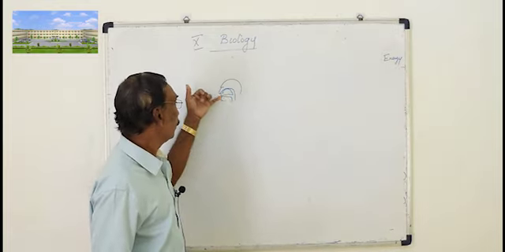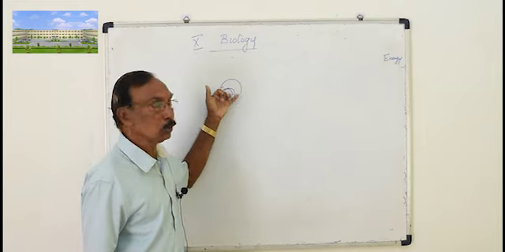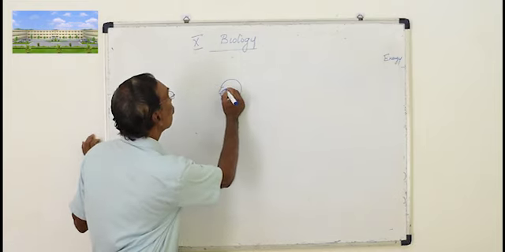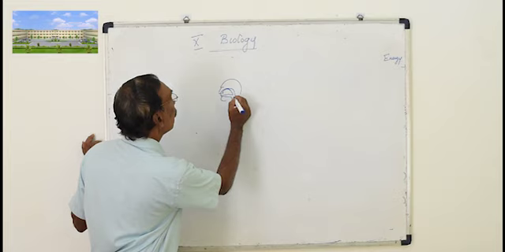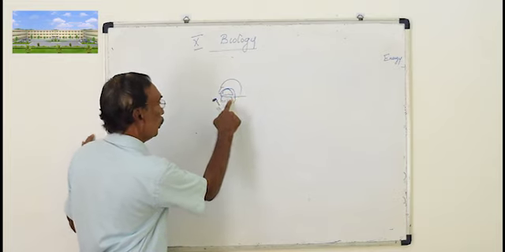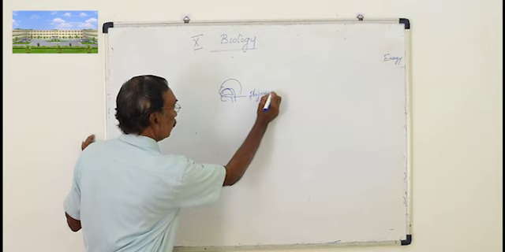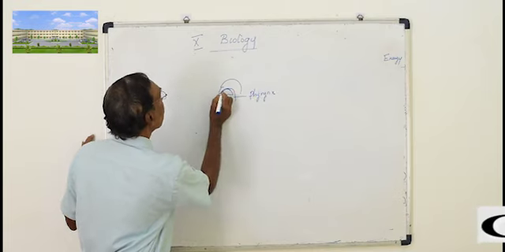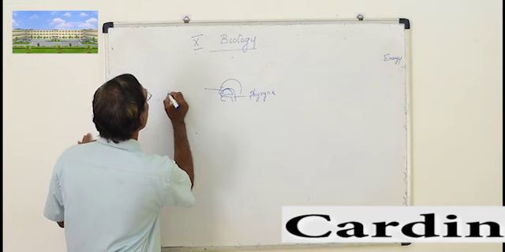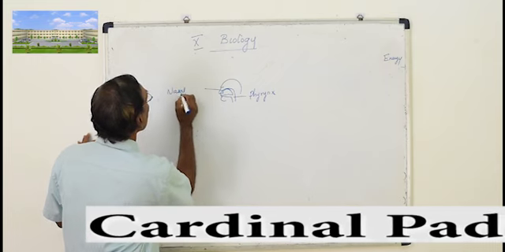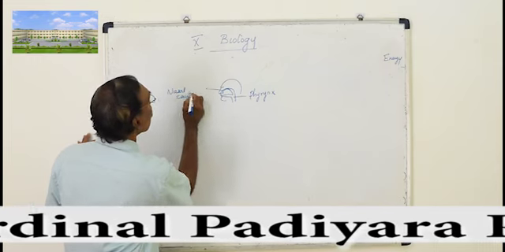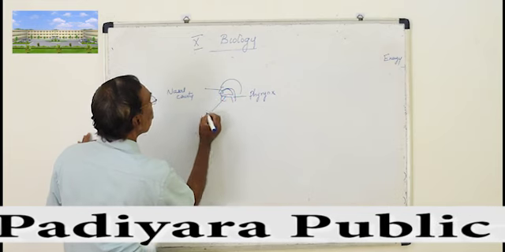So, you can breathe through the mouth and also breathe through the nose. Both these tubes come to the back side of the mouth. It is called the pharynx. This is the nasal cavity, the nose cavity. This is the mouth cavity.